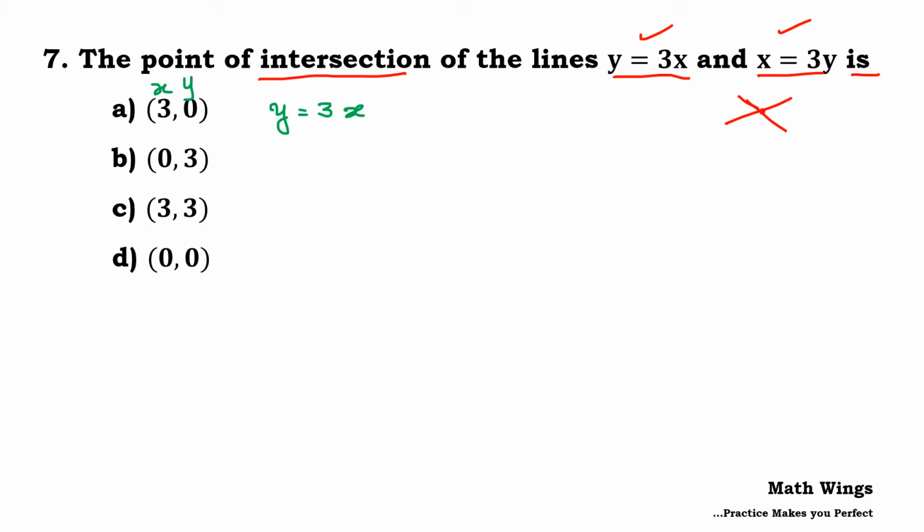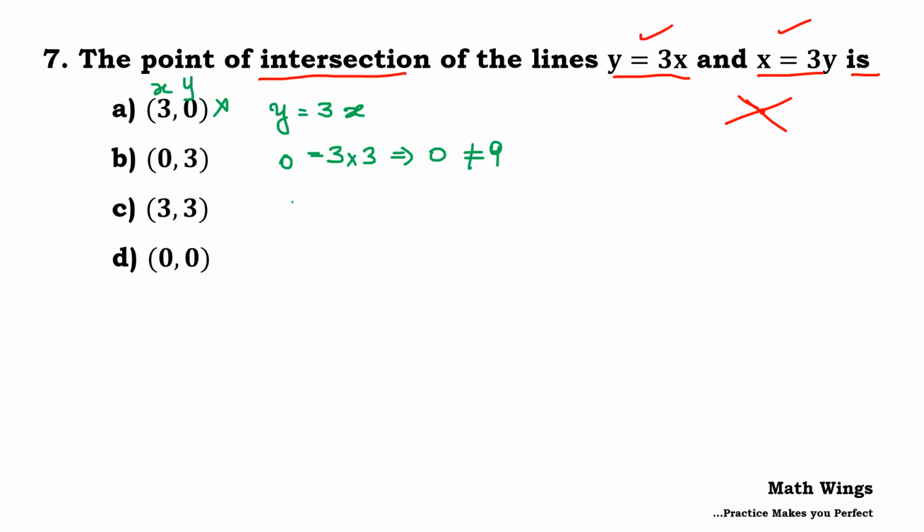If it satisfies one equation, you can go with the second equation, or else just continue with the remaining options. Okay, so here I have x is equal to 3 and y is equal to 0. So here 0 is equal to 3 into 3. This gives me 0 is not equal to 9. So we can eliminate the first option.